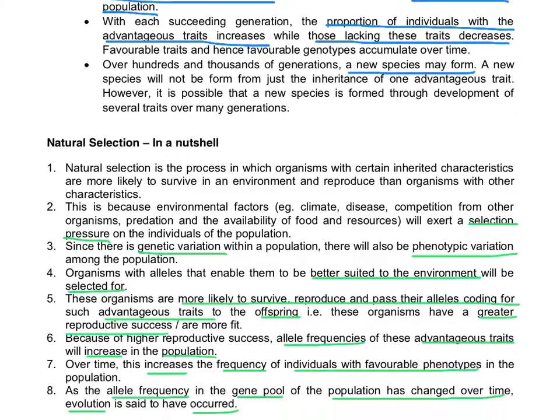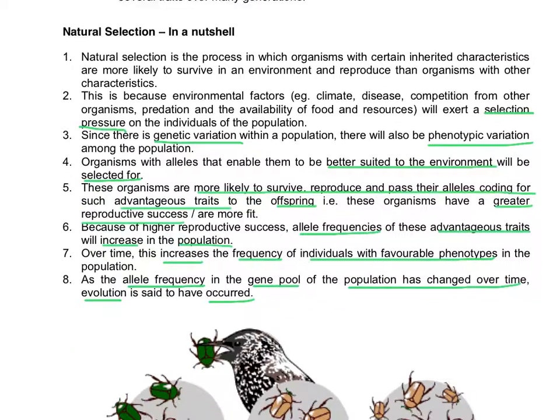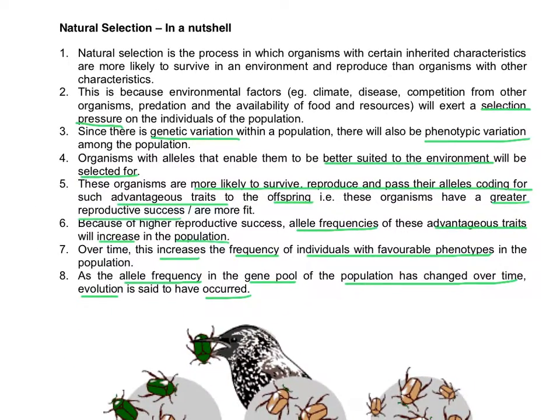Now back to this. What you see below is the exact same thing I've gone through from points 1 to 7, but I've summarized it. So this is the template you can use for an essay question or a structured question. If they ask you how natural selection leads to evolution, you will use this.